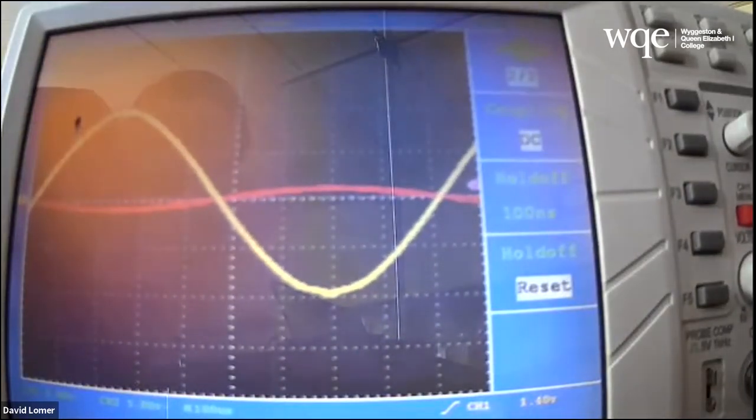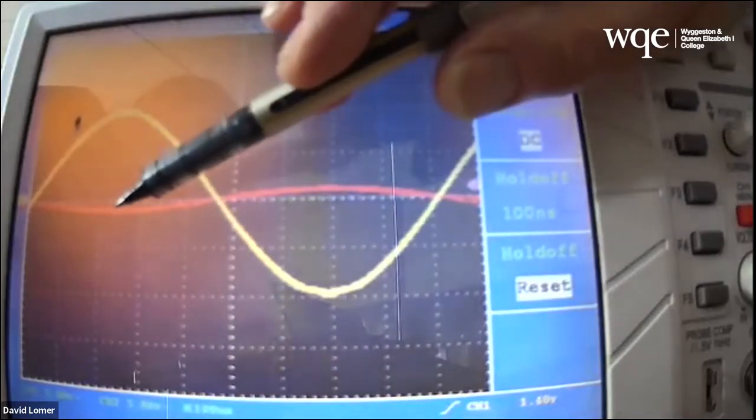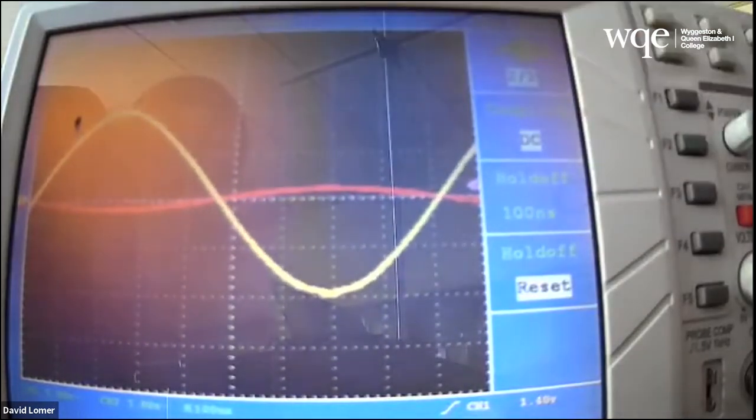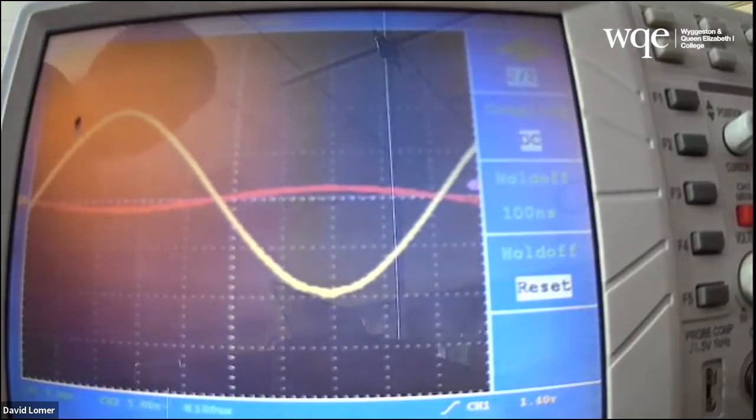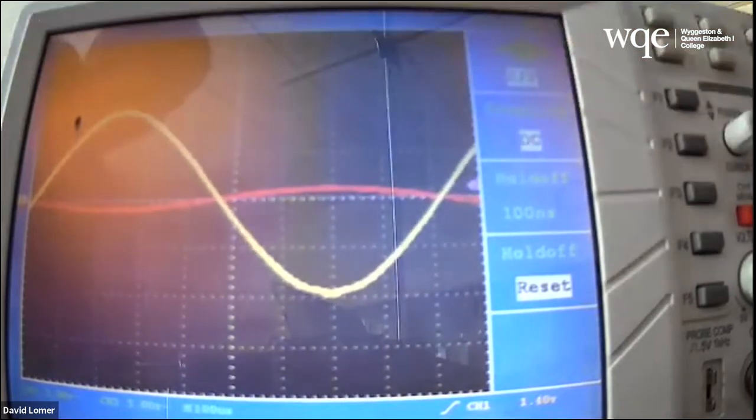That's the setting I've got it on. So the input is only 1/5 of a square. So the input is just 1 volt. The output is 2 big squares. So that's 10 volts. So what we've got is a gain of 10, haven't we? The output is 10 times larger than the input.